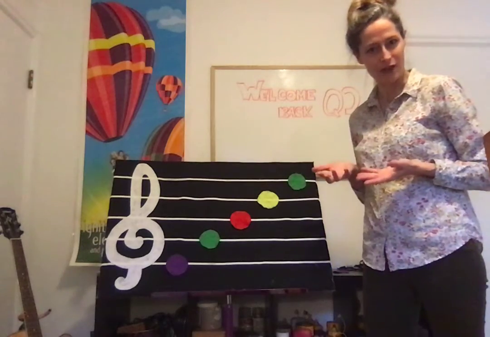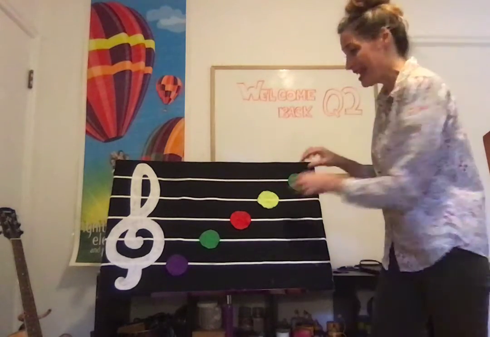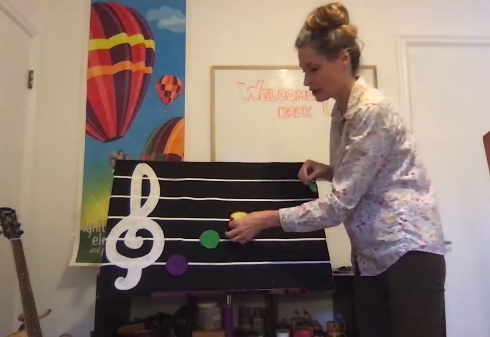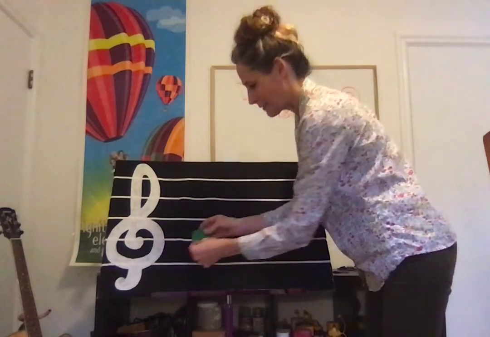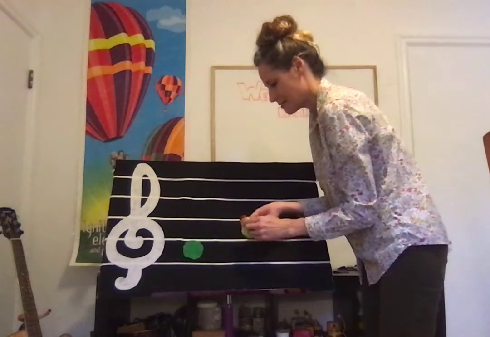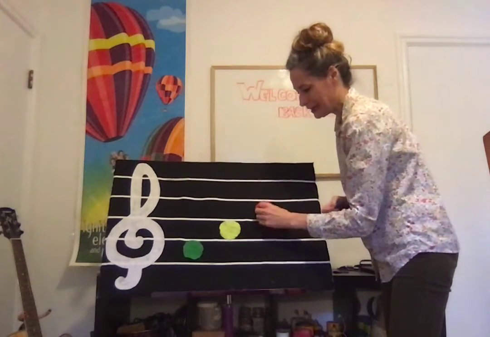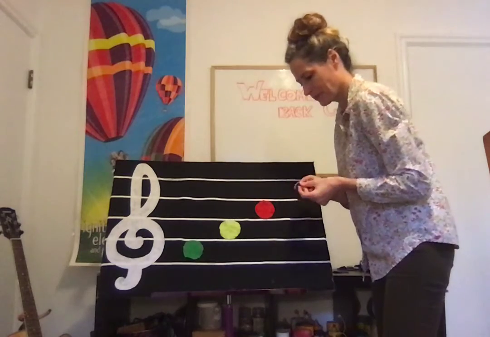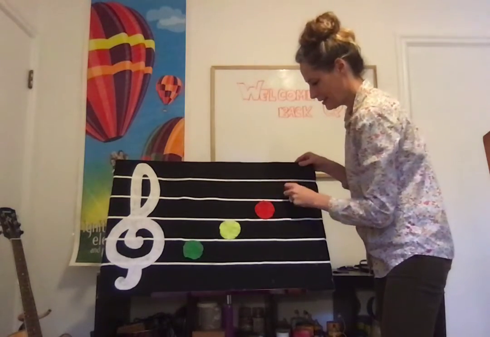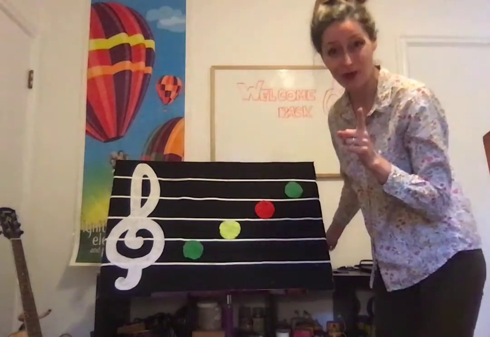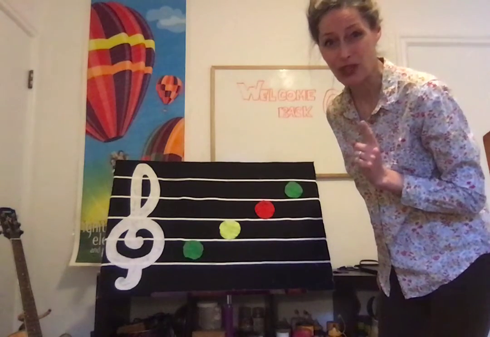Well, is there a saying for our space notes? There's something that's almost even easier to help you remember the space notes, and I will show you what that is. I'm putting my notes in the spaces now, like this. And I'm going to tell you what the notes are first, and then you're going to see what you think they spell.